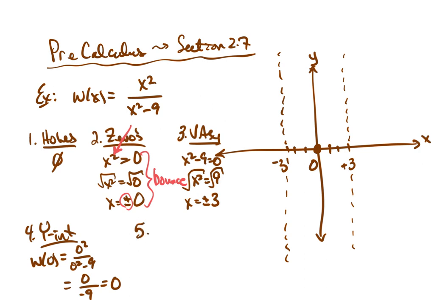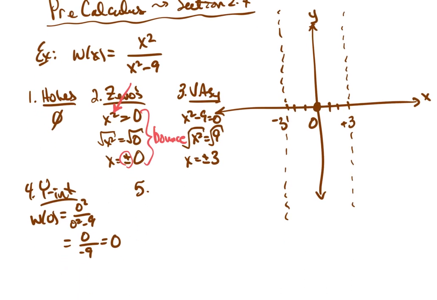Okay. Number 5, our other asymptote is going to occur where? Well, we've got to check the degrees, the powers. When the biggest power up top is equal to the biggest power down below, and please notice the biggest power up top is 2, and the biggest power down below is 2, that means we're using number 5, part B, where the degrees are equal.